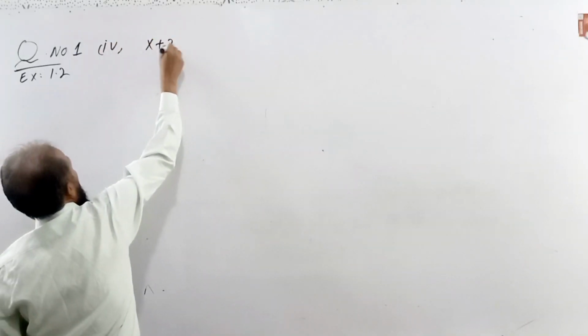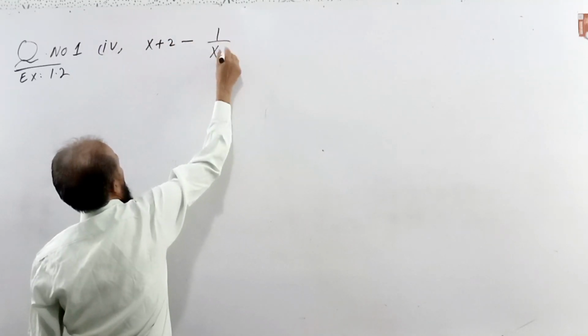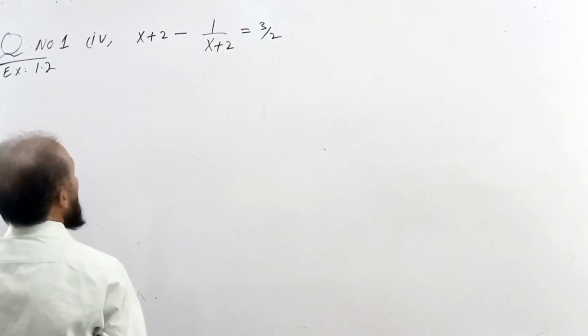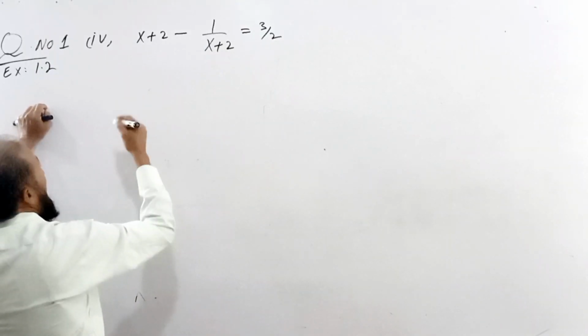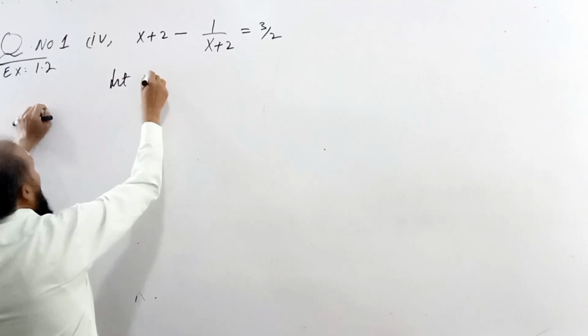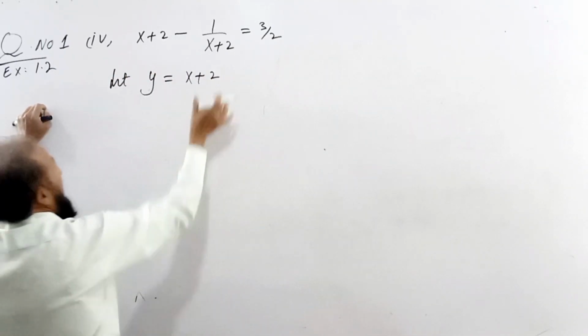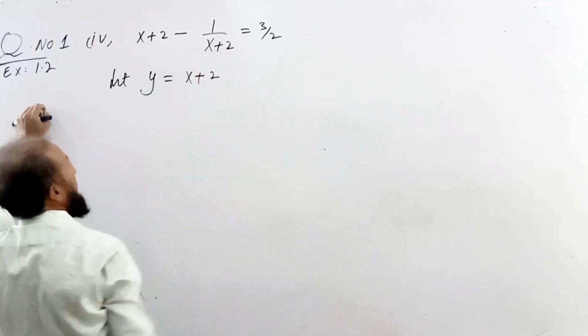x plus 2 minus 1 over x plus 2 is equal to 3 by 2. We can write this one. Let supposition we can take, let y is equal to x plus 2. But here x plus 1 by 2 is required.